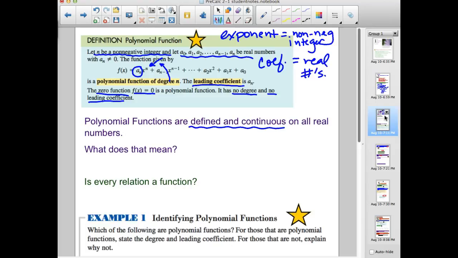No discontinuities. Okay, so there are no breaks, poles, vertical asymptotes, etc., right? You don't have any gaps in your graph. It is continuous. It is defined for all real numbers. Okay? No points of discontinuity.